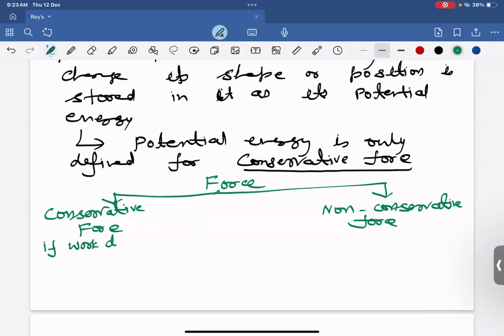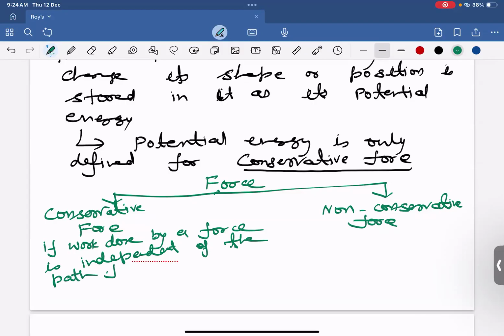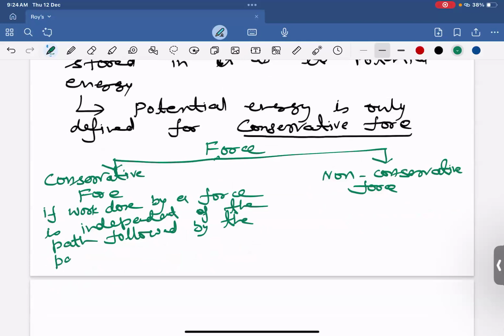If the work done by a force is independent of the path followed by the particle, then the force is said to be conservative.